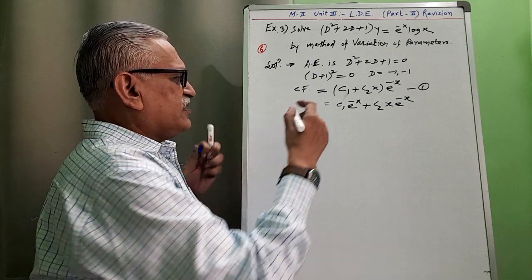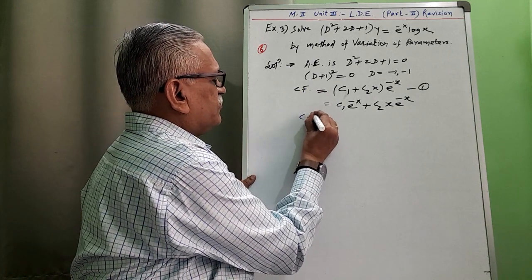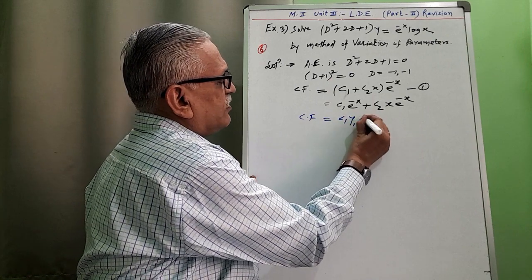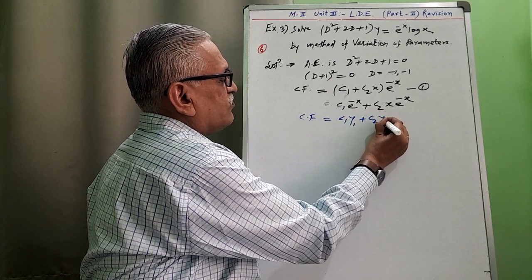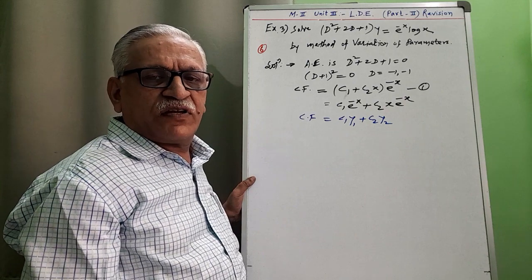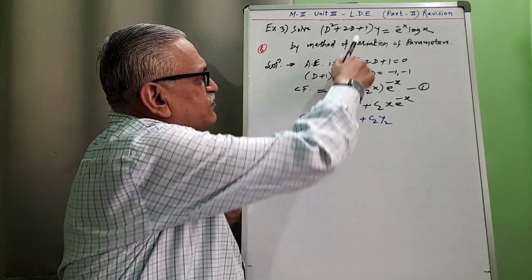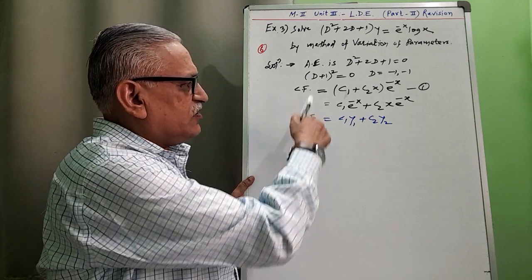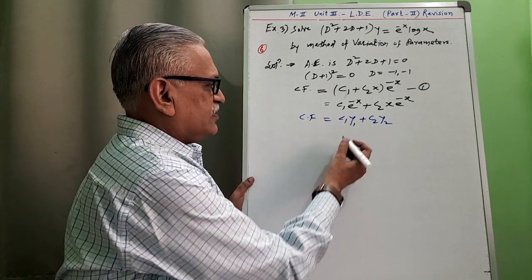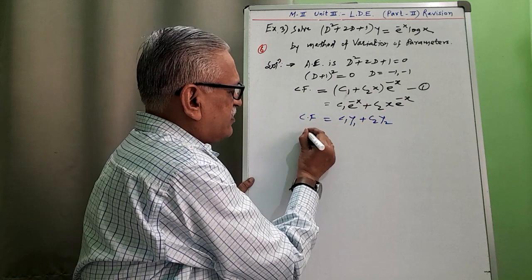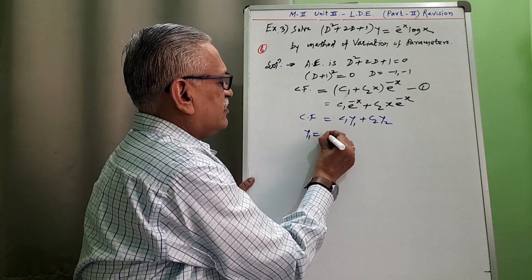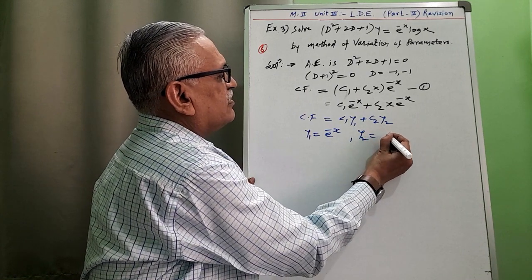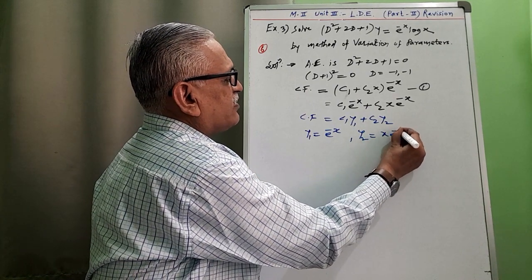Then comparing this CF with assumed CF, C1 y1 plus C2 y2. Steps remain the same, whatever the problem of second order linear differential equation. You have to follow the same steps. Then comparing, we get y1 as e raised to minus x, y2 as x into e raised to minus x.